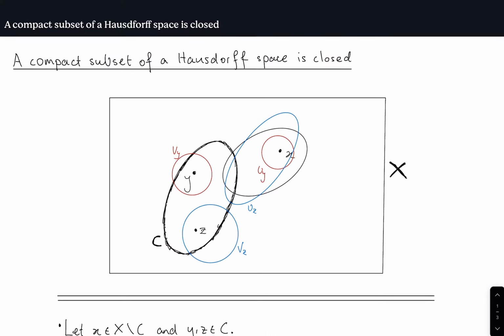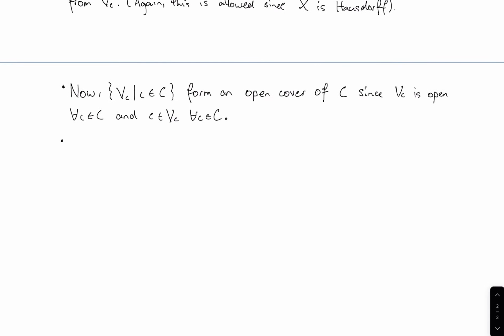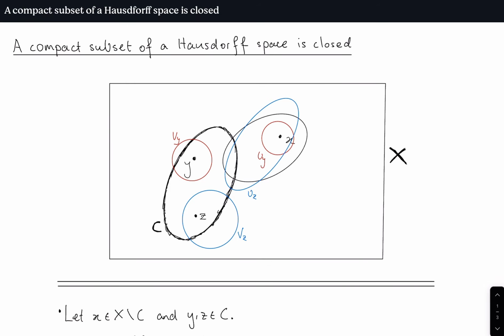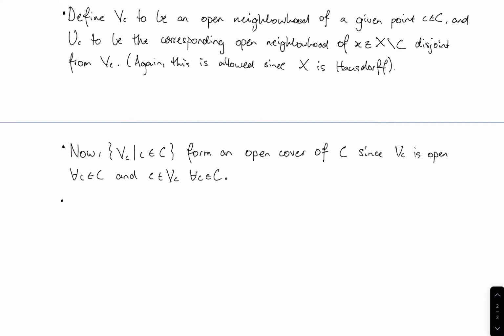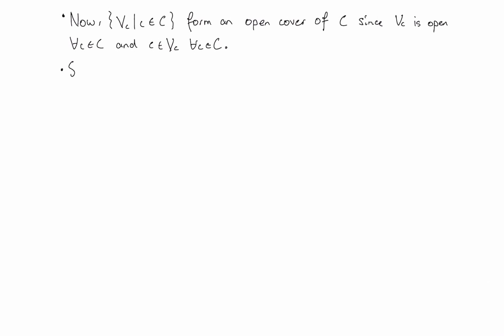Now we want to use the compactness of C somehow. And this is, I guess, necessary and crucial for this proof to work. So let's see how. Since C is compact, what is the definition of compact?